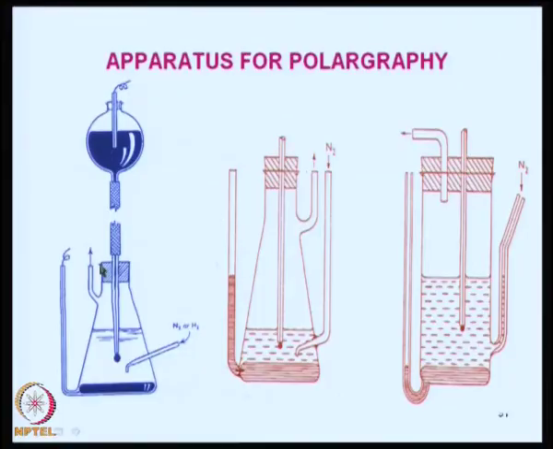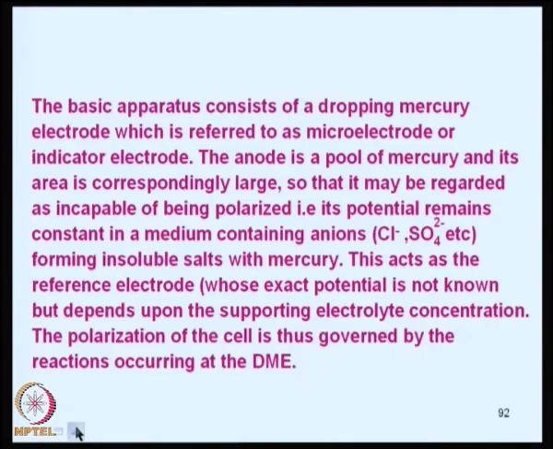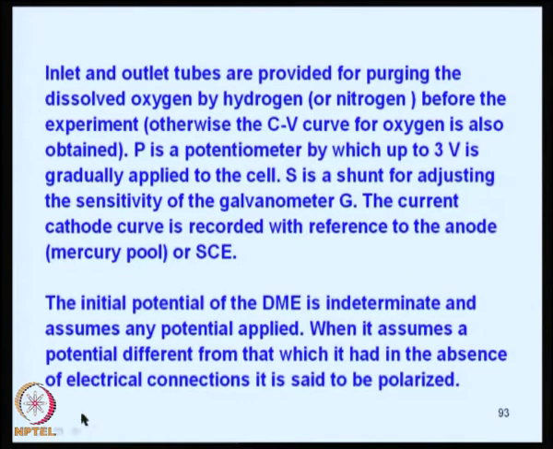In inlet and outlet tubes, as you have seen in the previous figures, these are provided for inlet and outlet tubes, and these are provided for purging the dissolved oxygen by hydrogen or nitrogen before the experiment.